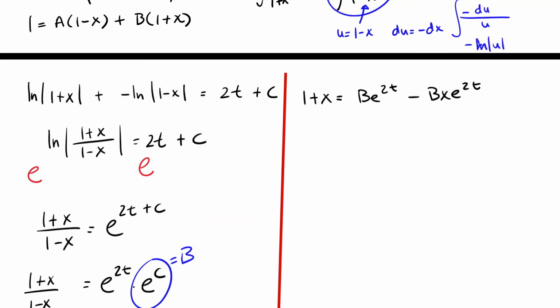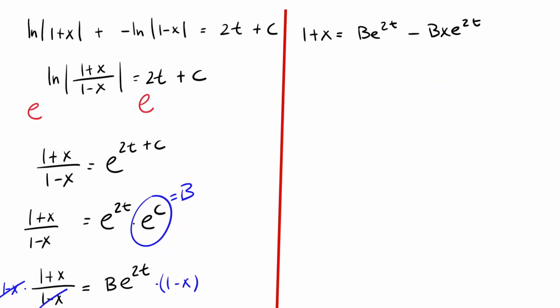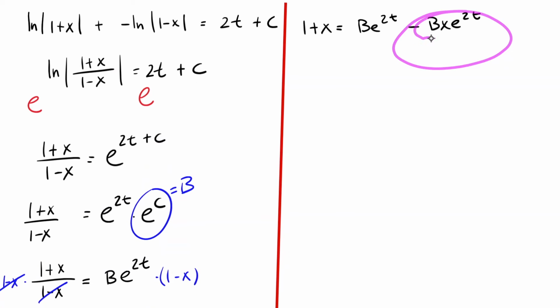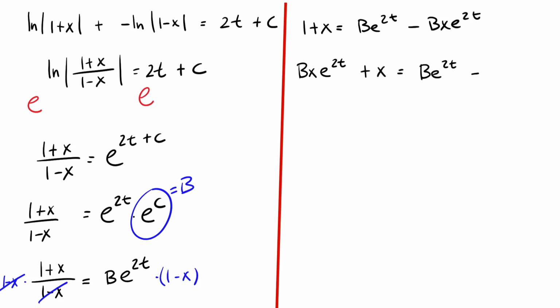So I'm going to add this term to both sides and subtract this term from both sides, and we will get b x e to the 2t plus x equals b e to the 2t minus 1. Let's factor out a common x from the left side.